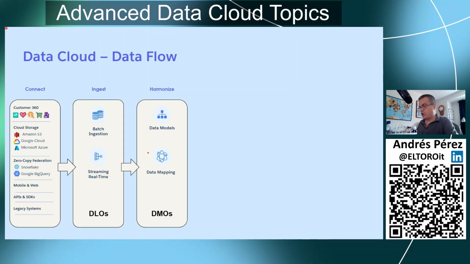And your job is going to be to map your DLOs into the DMOs that are defined inside that data model. So you say, okay, for this particular field from my source, my DLO, copy that value, or maybe copy that reference, into this particular field in this particular DMO.